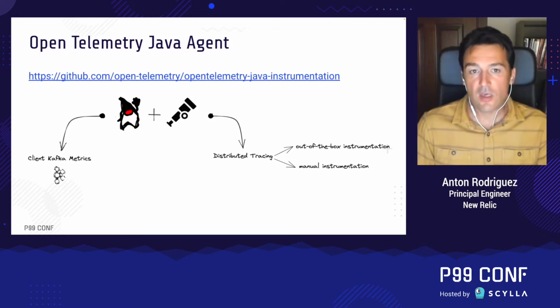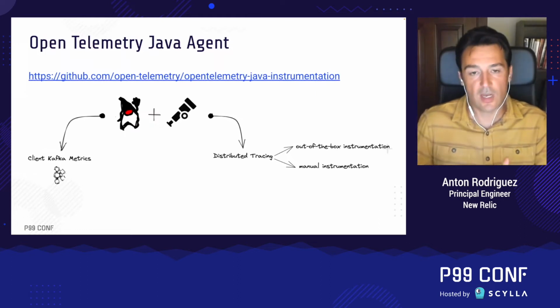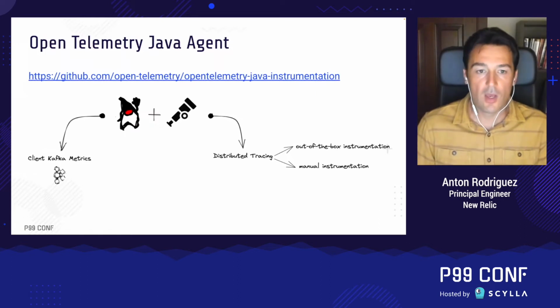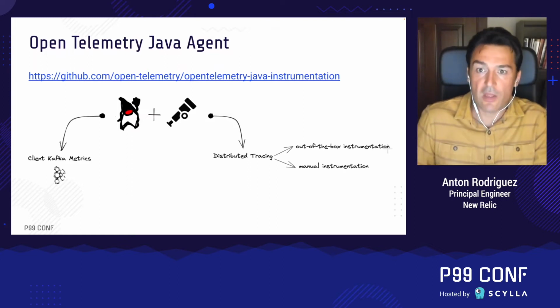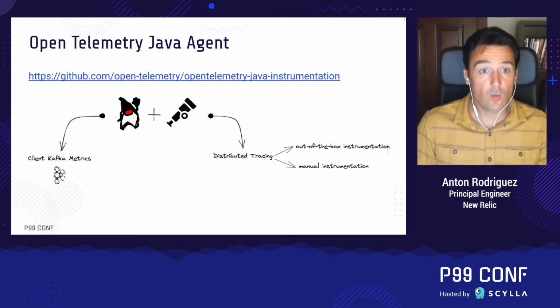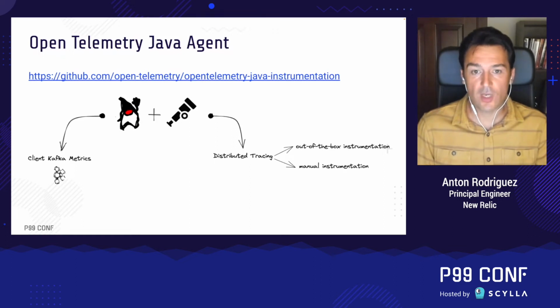And if we need specific traces or we have specific use cases, we can also modify our application to add manual instrumentation and extend the Java agent with more functionality if that's something we need to do. In this particular presentation, we are going to see how it works out of the box because it provides a lot of information.